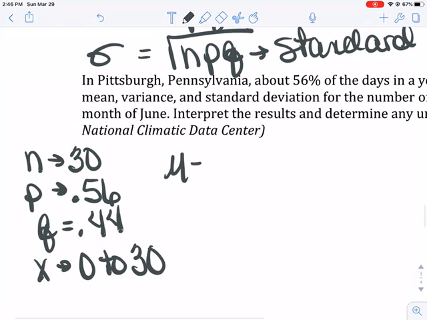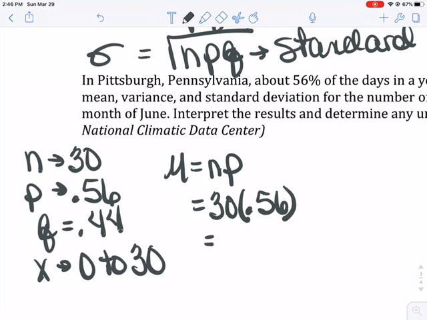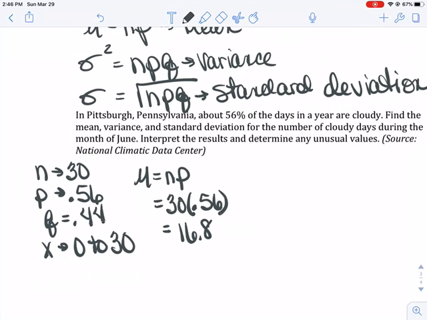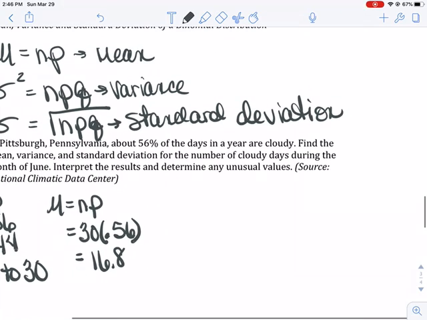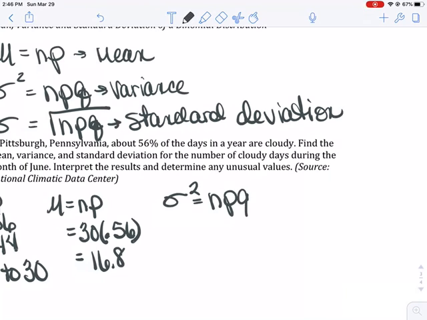All right, so let's do mean. That's np. So 30 times 0.56. Okay, so 16.8, and that means that the average number of cloudy days in June is 16.8 days. So our variance is npq.